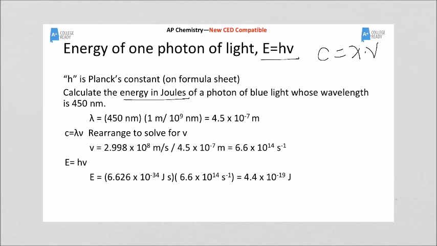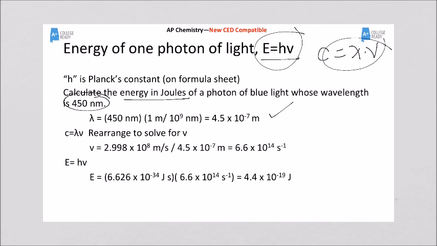If we're given wavelength, first we need to think about the nanometers. That's not going to work. So that's what I did first. I divided by 1,000,000,000 to get my nanometers to meters. I could combine these two formulas to make one and solve for energy in one step, but these are the two formulas on the formula sheet, so I'm going to use them just as they're written and rearrange.